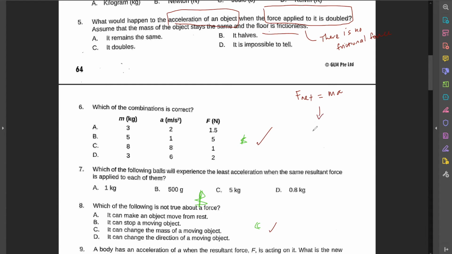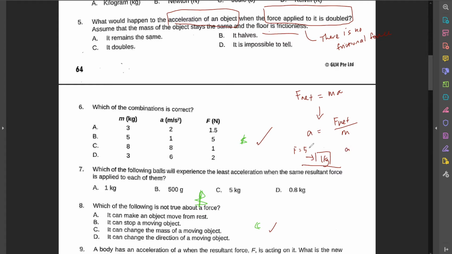So acceleration is resultant force over mass. If the force doubles, let's say the force now is 5 and the mass is 1 kilogram.